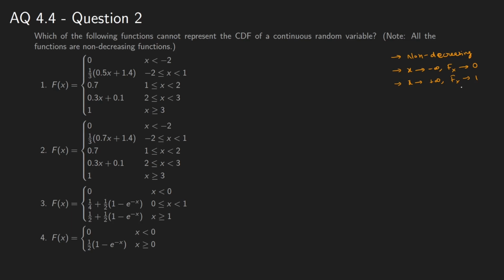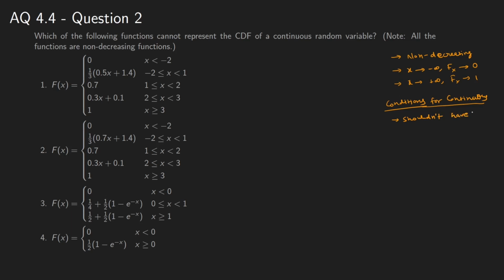But for a function to be a valid CDF of a continuous random variable, these conditions are generally true for discrete random variables, but for continuous random variables there are two more conditions required. Conditions for continuous: the first condition says that the function should not have any jumps or steps.